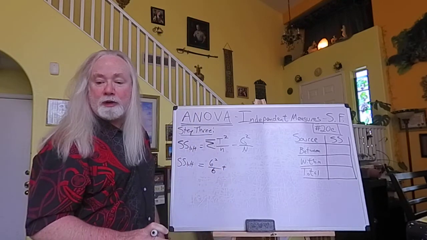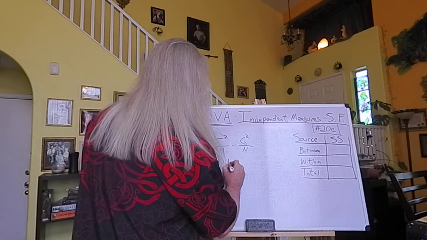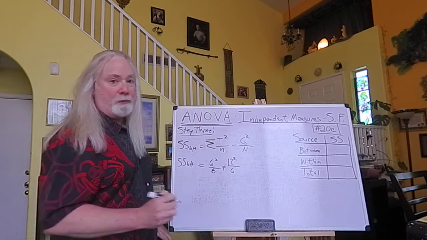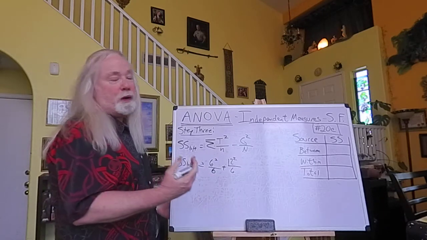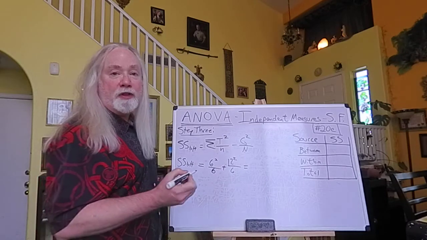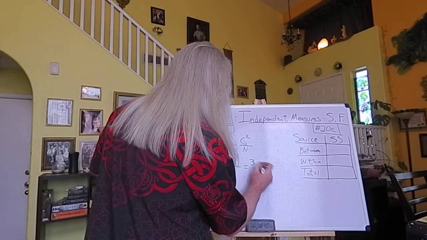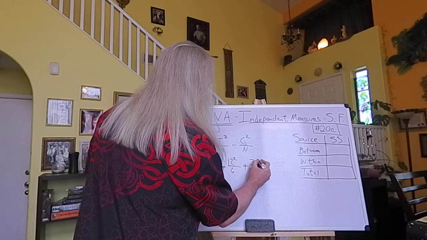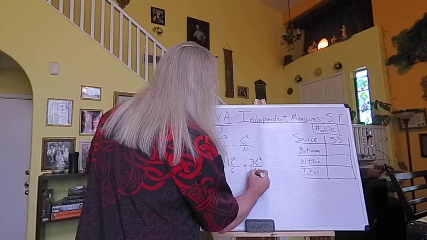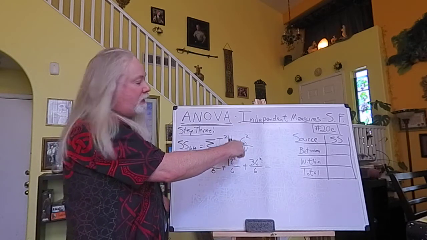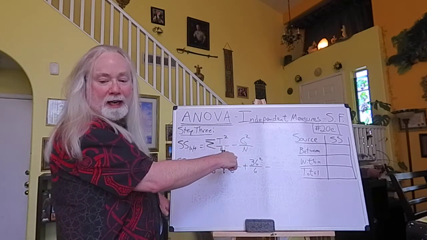The second group's treatment total was 12 points. Also 6 people in it. Remember, these numbers in the bottom could be different. This problem just happens to have them all the same. And our last one was T of 36. 36 squared over 6.